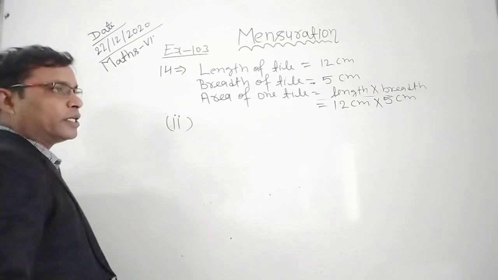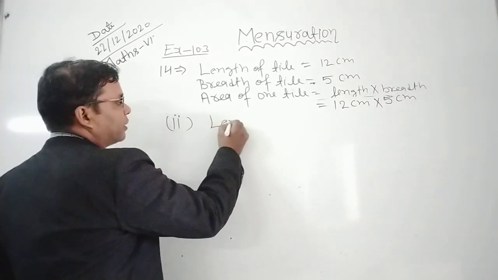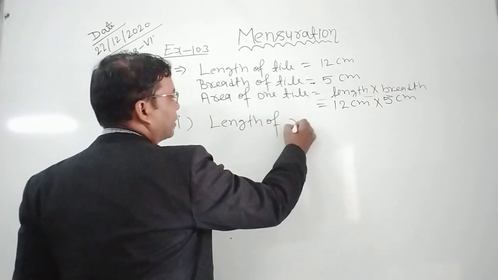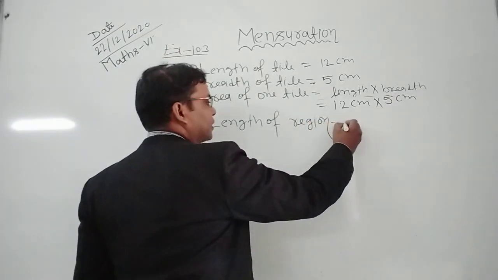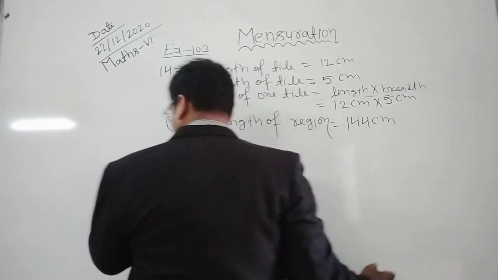The length of a rectangular region is given here, 144 centimeters. Clear?